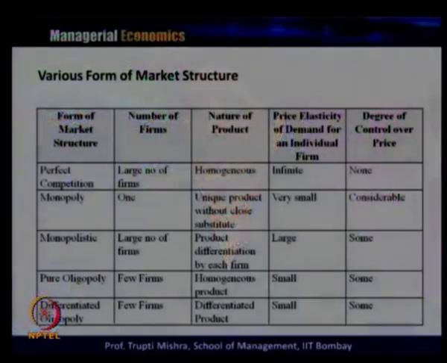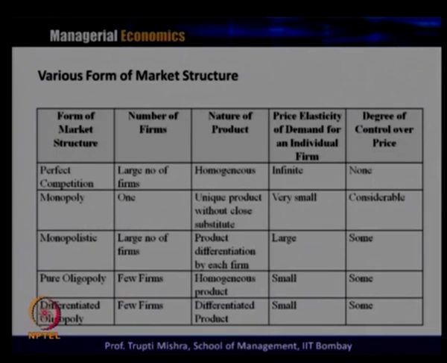So, let us focus on the last classification, the classification on the basis of competition, and then we will see how we can define all the markets by taking the different variables. So, taking the number of firms, nature of product, price elasticity of demand for an individual firm, degree of control over price, these are the variables. On that basis there are different forms of the market structure.